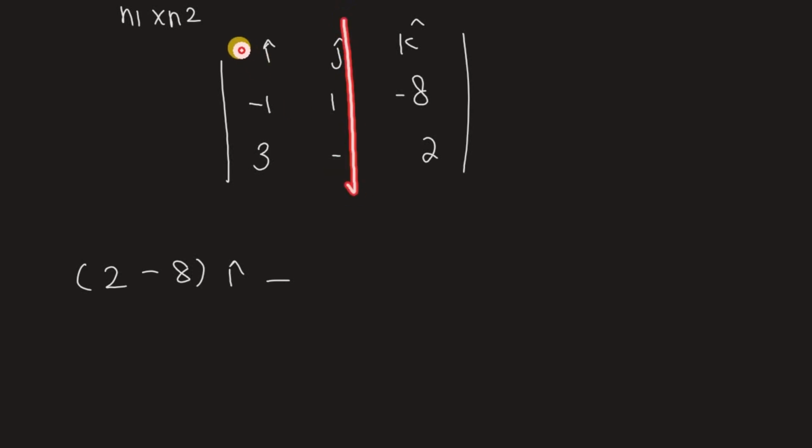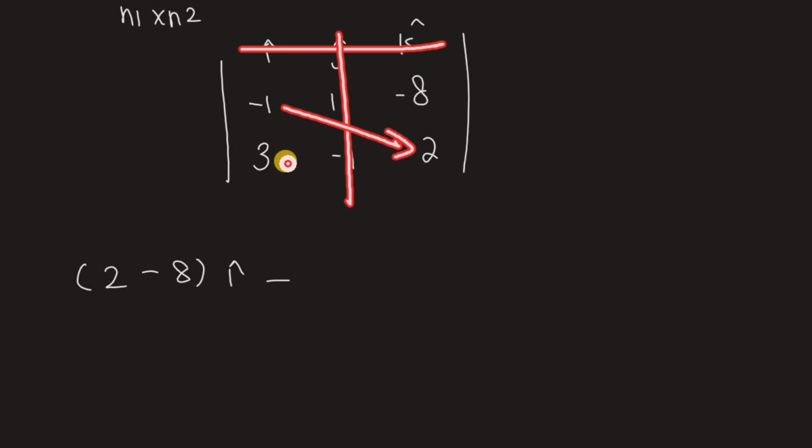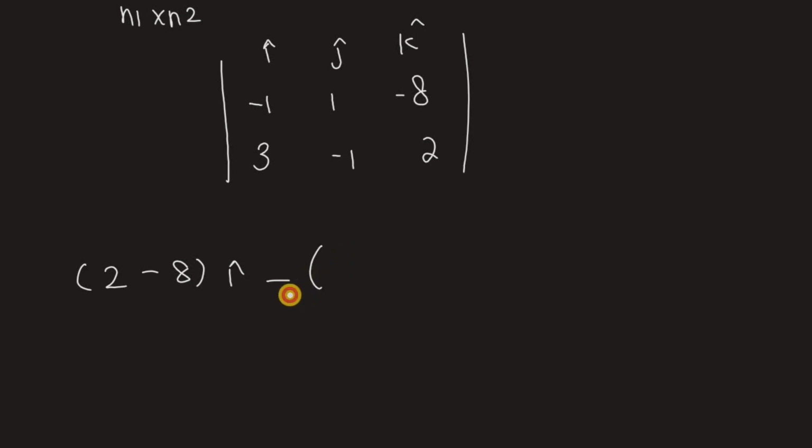So you're going to cross out the j row and column. Okay, so we're going to get 2 and 24. And it's negative j always. This is positive, this is negative, but this is positive.